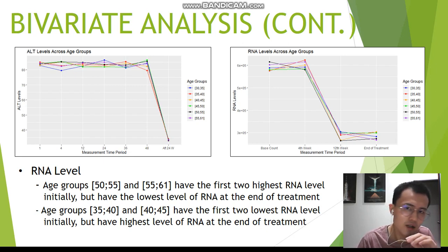As for the RNA level across each group, the groups 50 to 55 and 55 to 61 have the two highest RNA levels at the beginning of treatment, but end up having the lowest level of RNA at the end of the treatment. Another observation we can see is that the groups 35 to 40 and 40 to 45 have the two lowest RNA levels at the beginning of the treatment, but end up having the highest level of RNA at the end of the treatment.